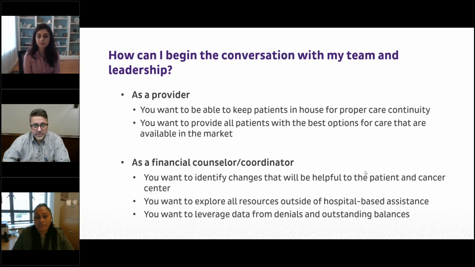Patients don't like it. They don't want to go anywhere else. We as physicians feel that we are responsible for our patients and we need to be able to be 100% involved in their care, especially if we're initiating a therapy that we believe they need. And so that's kind of the thing: you have to start off by saying you want to be an advocate for your patients.